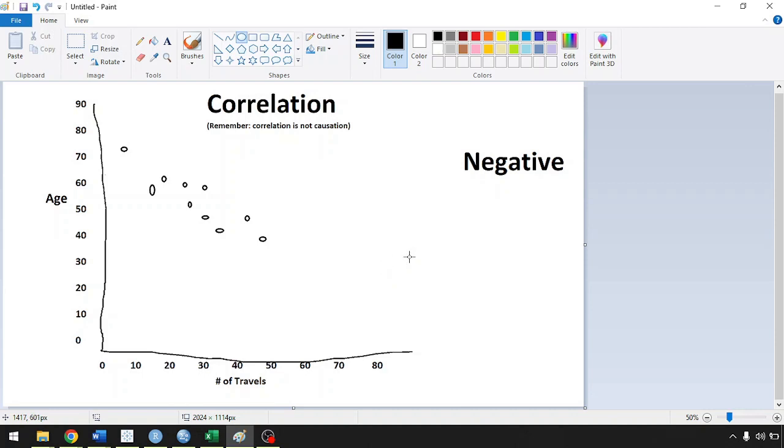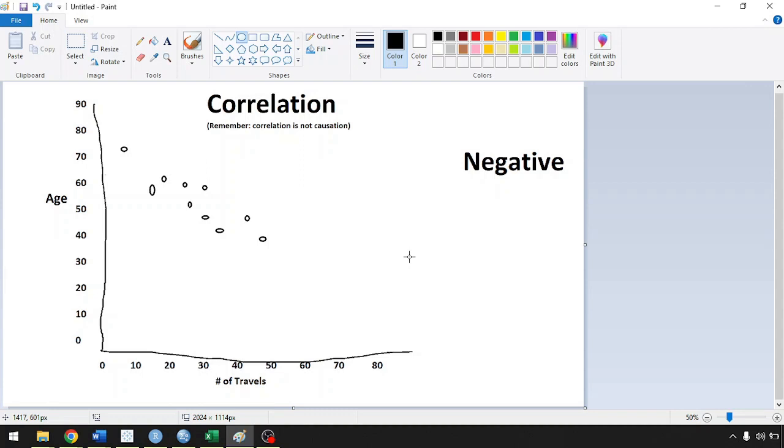But remember, it's very important to know that correlationship is not causation. Just because somebody is getting older or younger, it does not cause them to travel. Rather, we should look at it as just a correlationship.